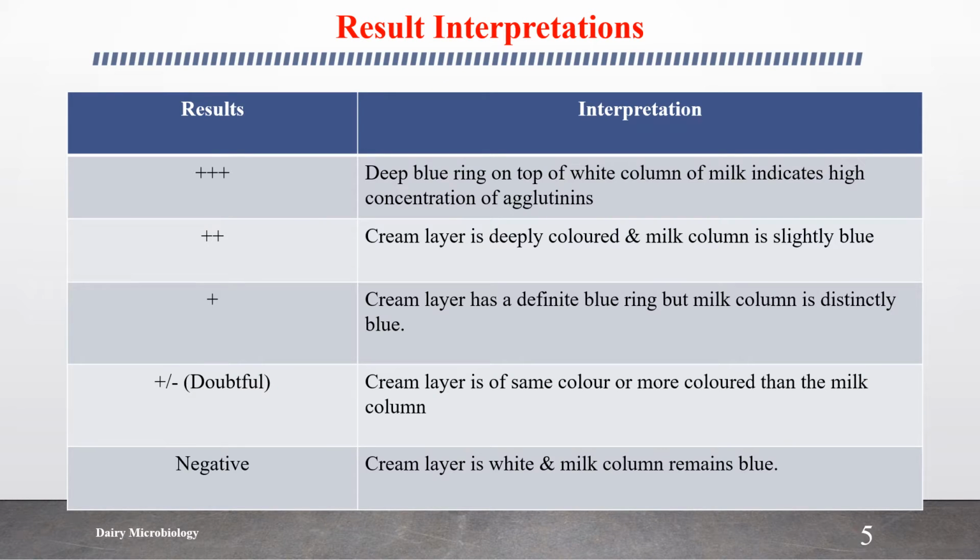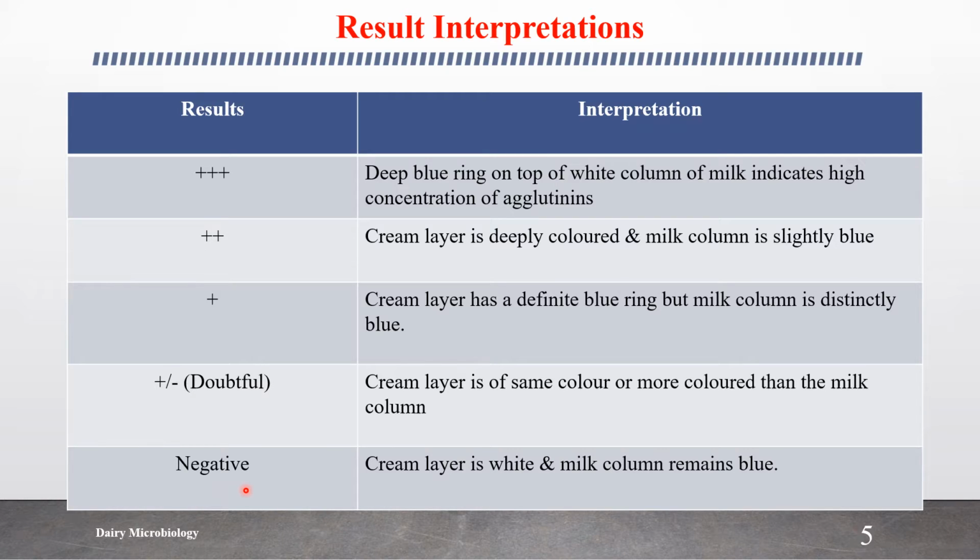Result interpretation. A strongly positive reaction is indicated by the formation of a deep blue ring on top of a white column of milk, which indicates the presence of a high concentration of agglutinins in milk.